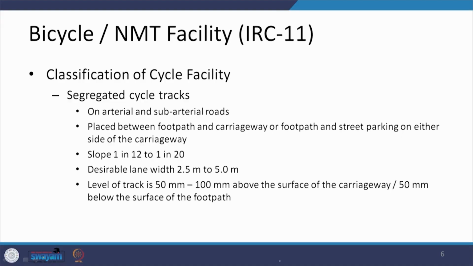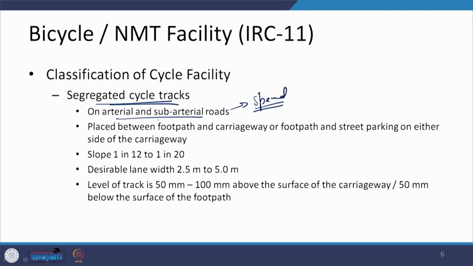Now, when we talk about this segregated cycle track, the unique features of a segregated cycle track are being discussed here. The very first thing is that they can be provided on arterial or subarterial roads in an urban area. The reason being that on these particular roads the speed is quite high, and if you do not have the segregation of the motorized vehicles and the lot of cyclists who are there on that carriageway, then it may cause a hazardous interaction, and we want to omit that.